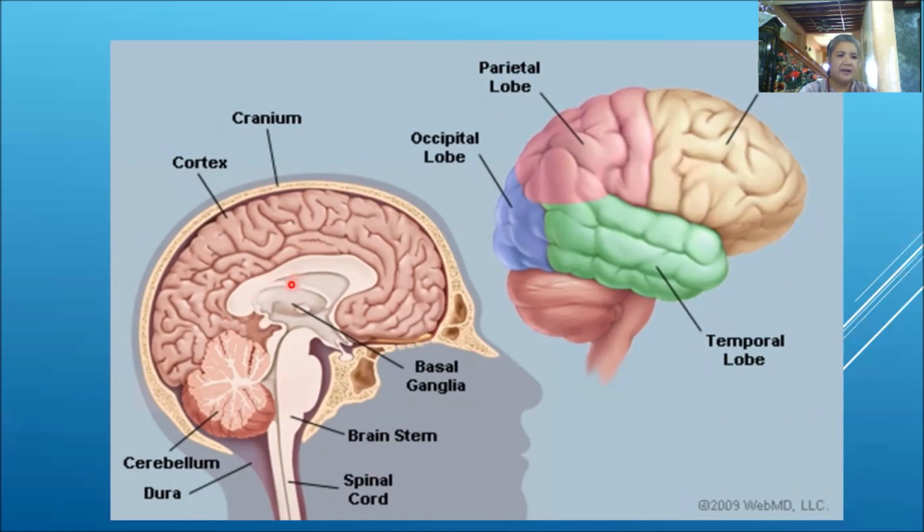Then at the center of the sagittal section of the cerebrum, you will have the basal ganglia, and in the inferior portion, going towards the spinal cord, is your brainstem. And posterior to the cerebrum is the cerebellum. And both your cerebrum and spinal cord are covered by your dura mater.